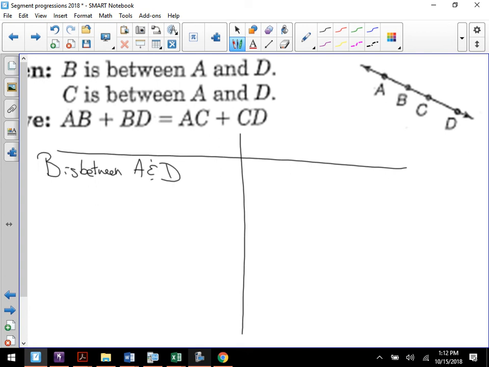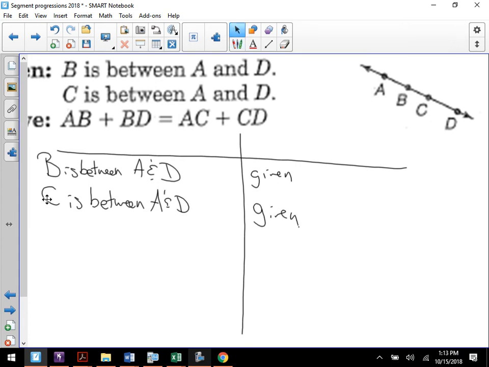So I would split up my givens and say something specific about each one. Here, I would just write them both down and write given next to each one. There's nothing else I can do. It'll show up more when we get to triangles. Always put them on separate lines. That way it keeps everything straight.